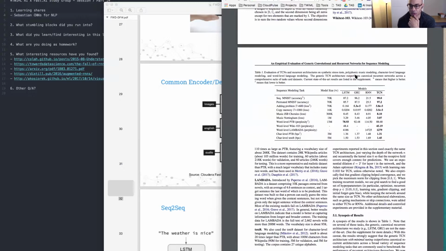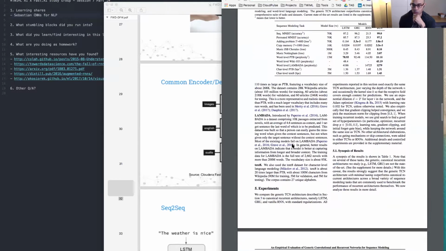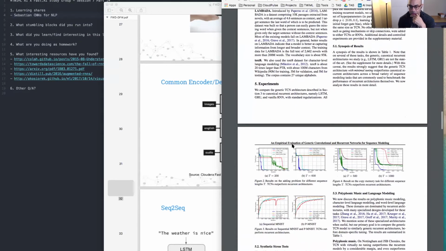Of course, when they say outperforms, they could mean time here, but I think they're talking about accuracy, loss, and things like that. So it's not just computational. Right. They seem to be implying here that there's a performance benefit as well. Yes.